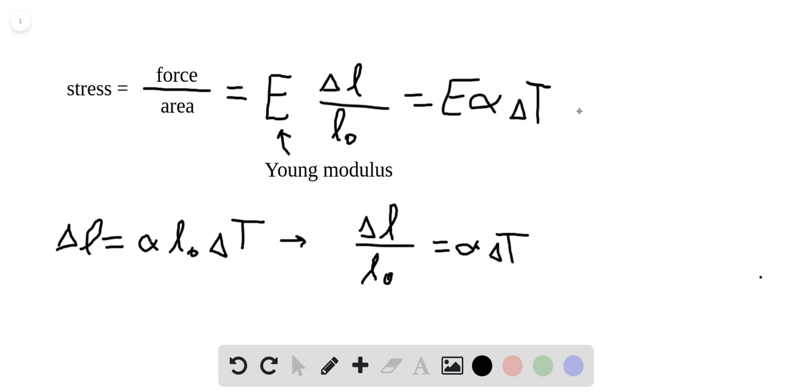Perfect. And now we need to find those numbers here.